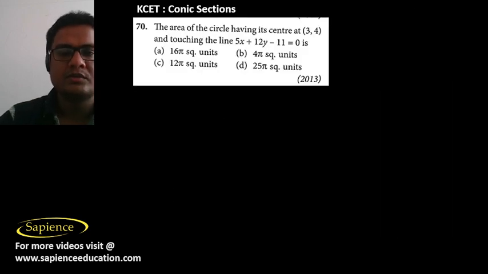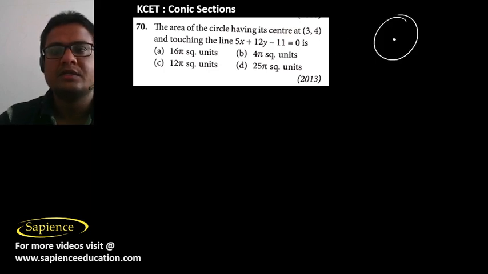Then in question number 70 it is told the area of the circle having center at (3, 4) and touching the line 5x plus 12y minus 11 equal to 0. Therefore this line is the tangent to this circle.